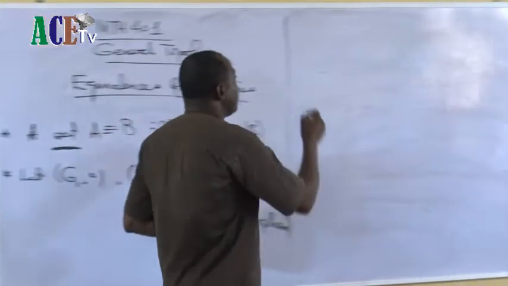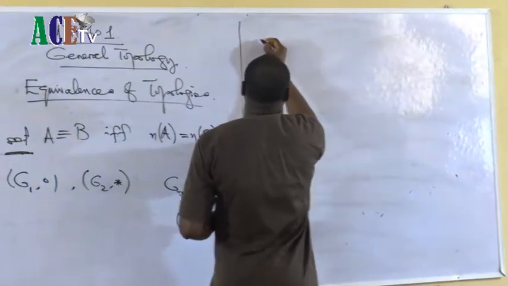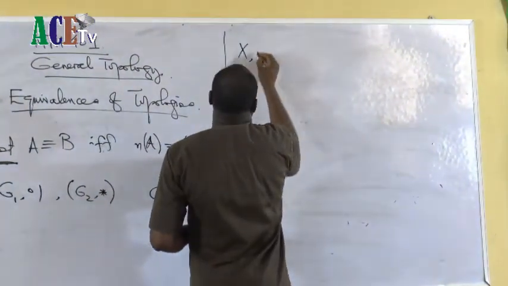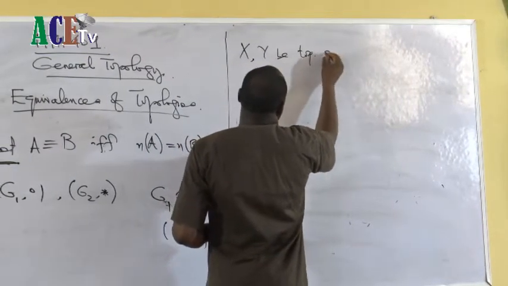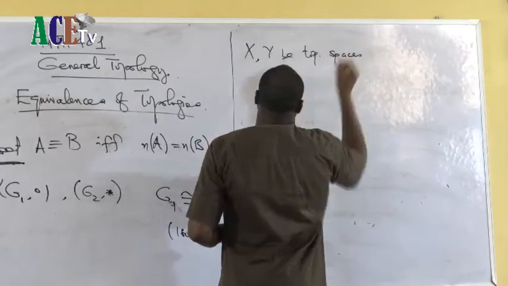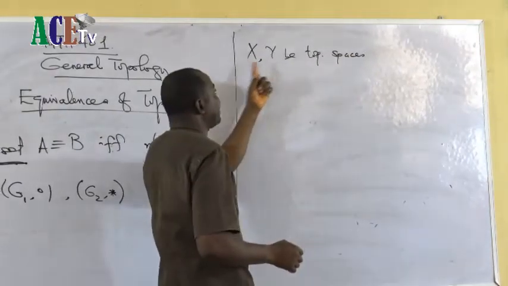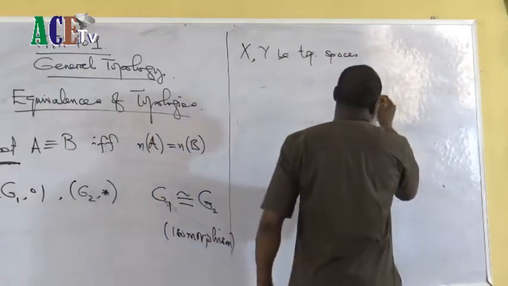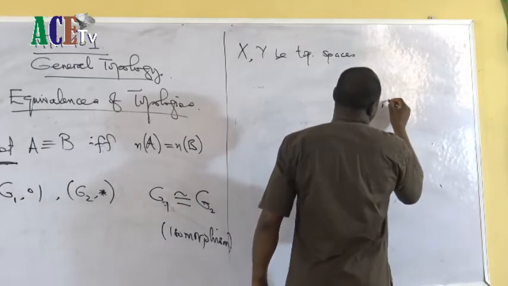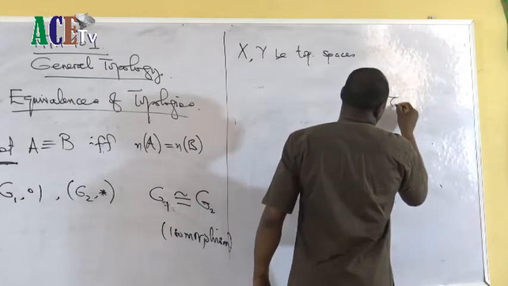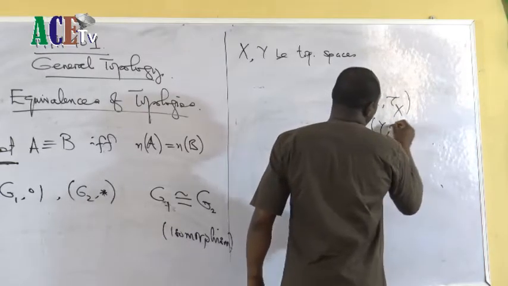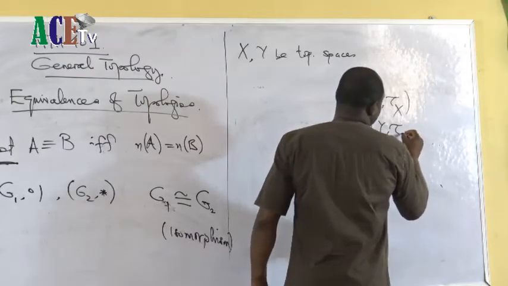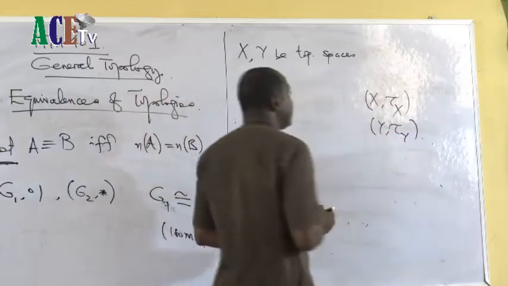So if you have two topological spaces, let X and Y be topological spaces. Of course, you know when I write X, it doesn't just mean X, it can mean X with its topology on it, and Y with its topology on it.